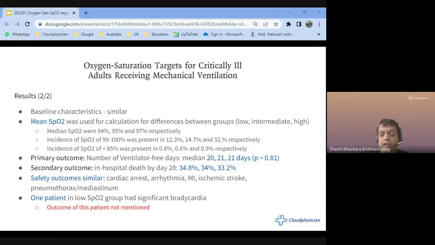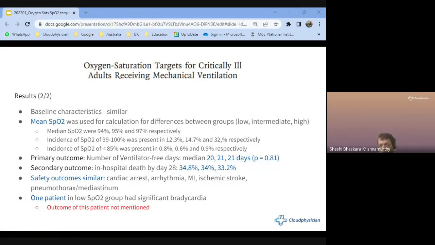They have not mentioned anything about the severity of illness. However, I would assume that mechanically ventilated patients having a mortality of 34% is quite high, unless the APACHE scores are very high. But this is in-hospital death and not ICU death only.